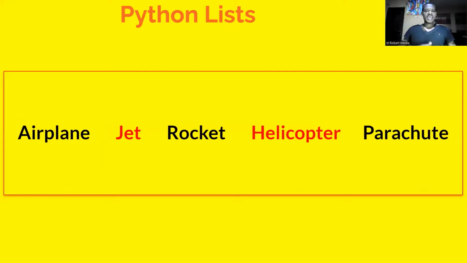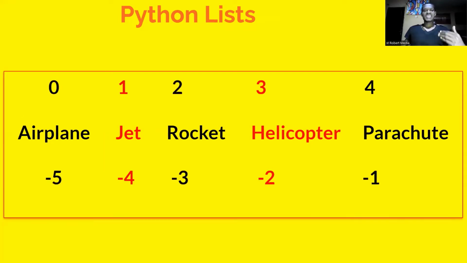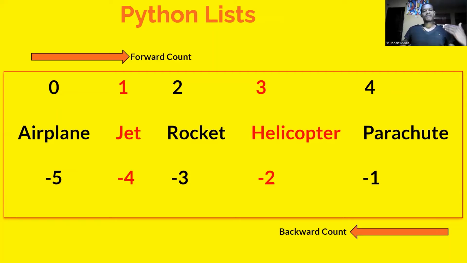Here we have the same Python list we call air, and these are the different elements inside this Python list. Now, if we are counting in a Python list, it depends if we are counting forward or backward. If we are counting forward, we take our count from 0.